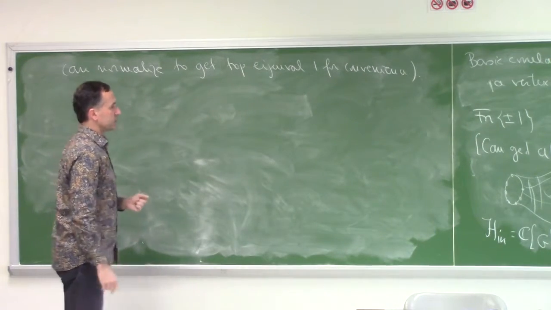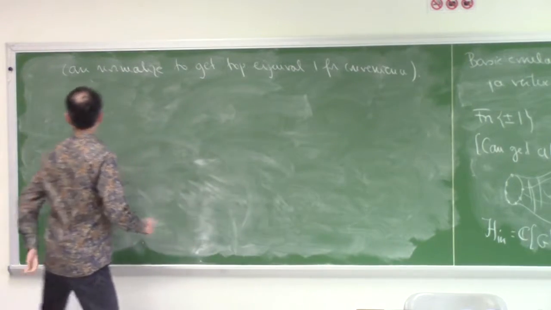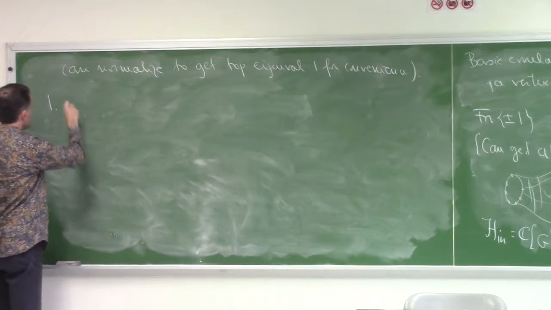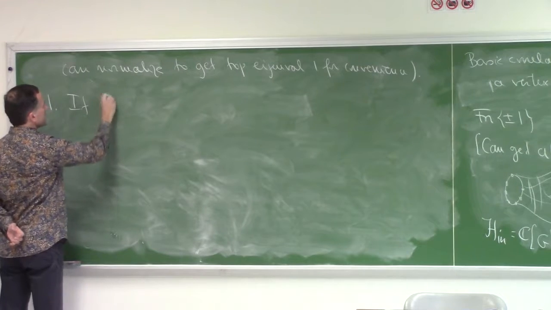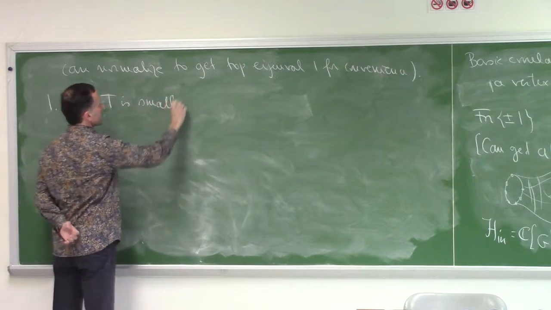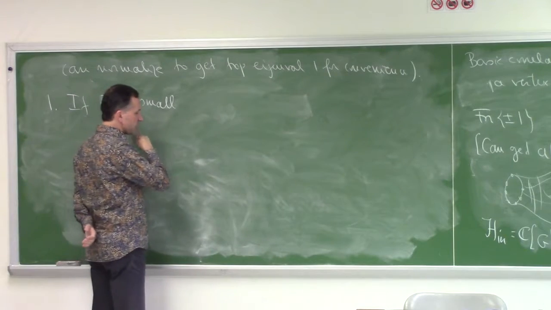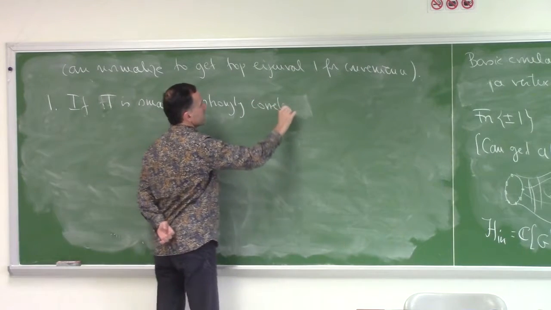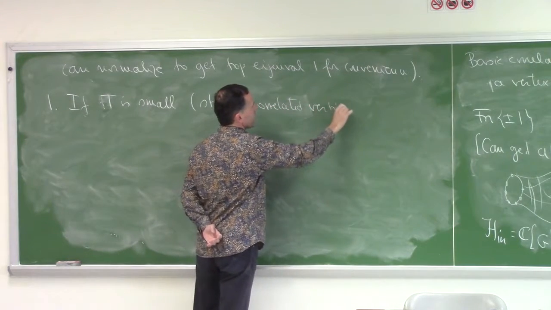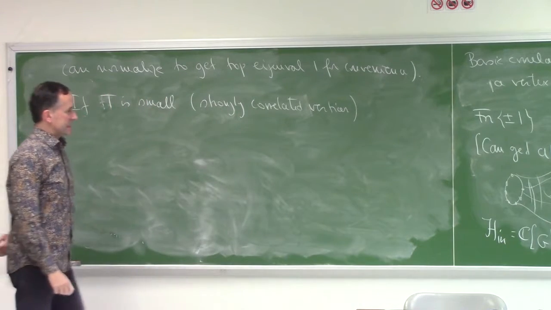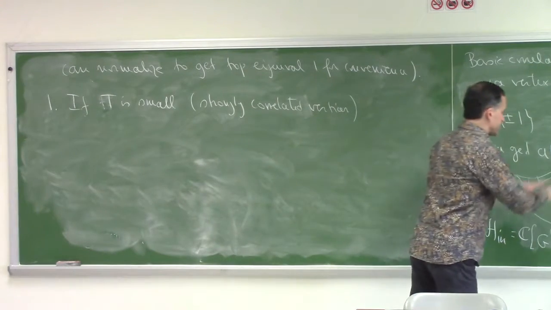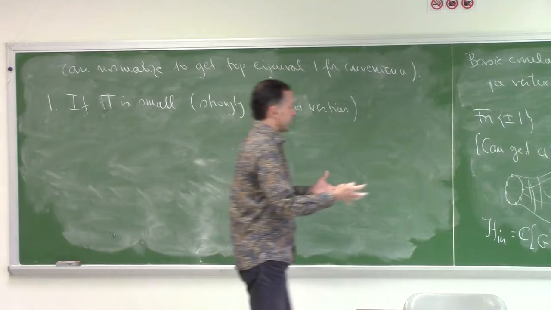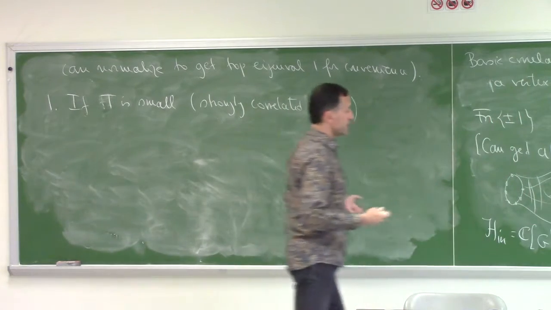So what happens here? The first thing that happens is something you could guess. 1. If the temperature is low, so if T is small, so beta is large, these are strongly correlated. What you might suspect is that the measure is concentrated on field configurations that are almost constant. In any finite system, it's very hard to make a qualitative statement.